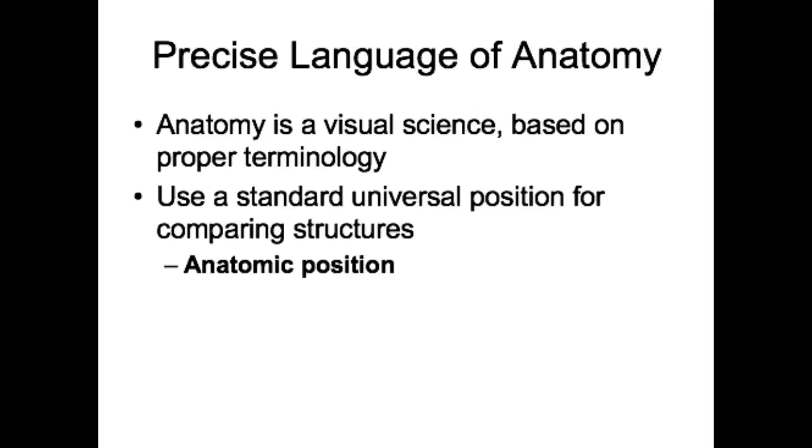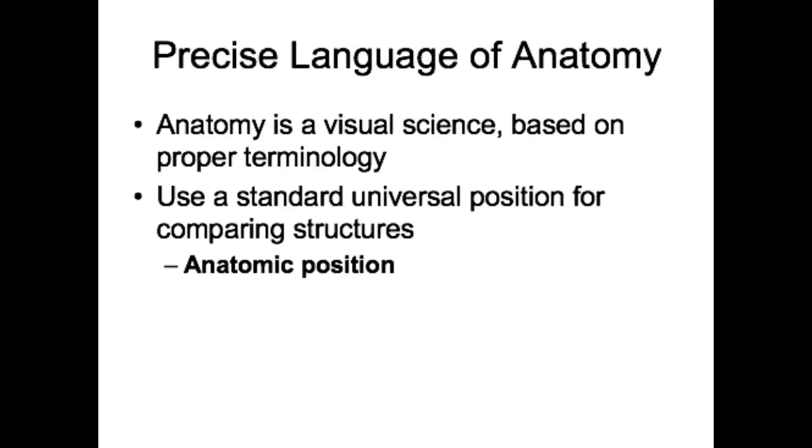Why is that problematic? Well, it's problematic because a cadaver is lying down on a table, your patient's lying down in a bed. Maybe one day you're going to work for the coroner's office or the MEs or some other sort of crime scene investigation unit. I don't know, where you're going to find a body upside down somewhere. You can't say the nose is up from the mouth because it's not up anymore.